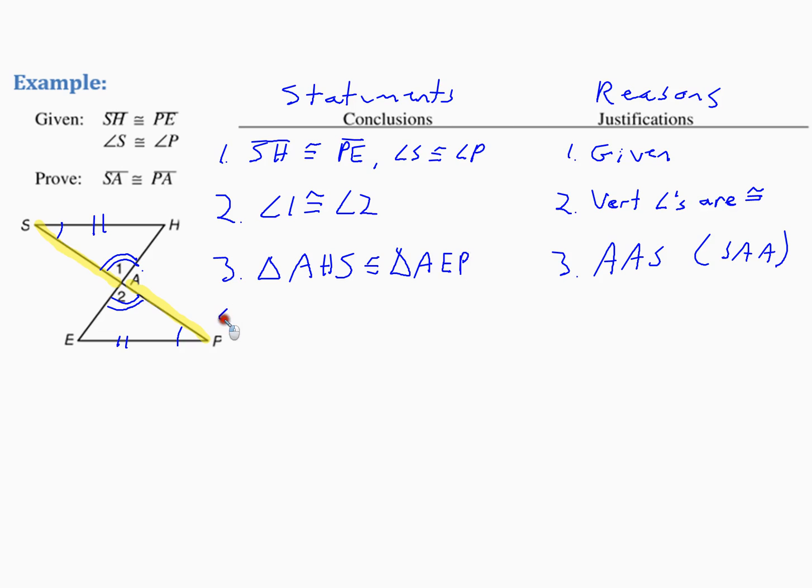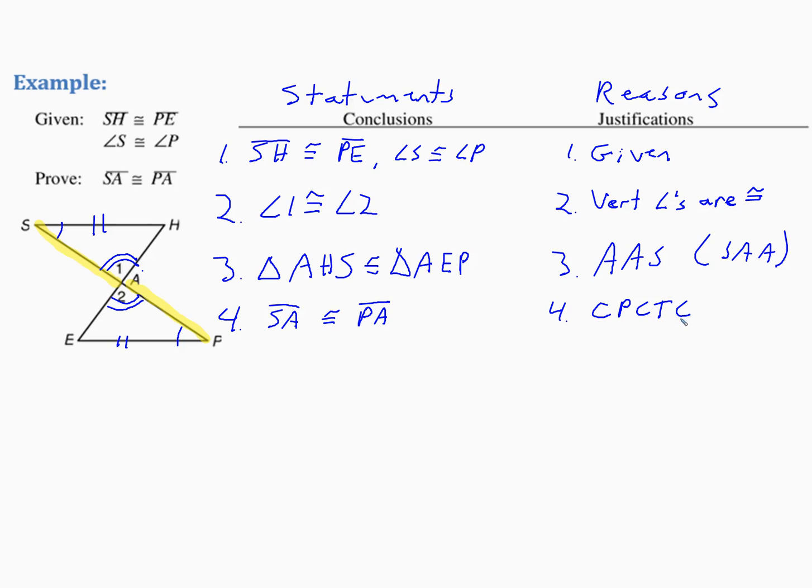Now this is kind of the new part. Since the two triangles are congruent, we know that all corresponding parts are congruent. And so we can get to what we wanted to prove: SA is congruent to the corresponding part PA. The reason that is typically put here is the abbreviation CPCTC, although you have to know what that stands for: corresponding parts of congruent triangles are congruent.